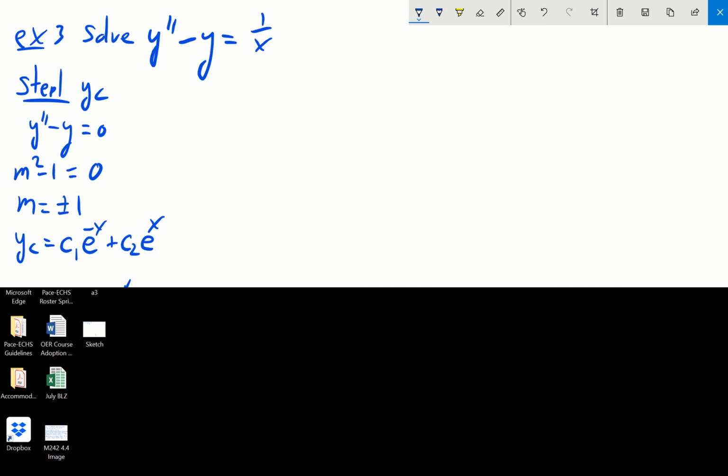So that part's done. Now we want to find our particular solution, y sub p, and we're going to use variation of parameters to do this.